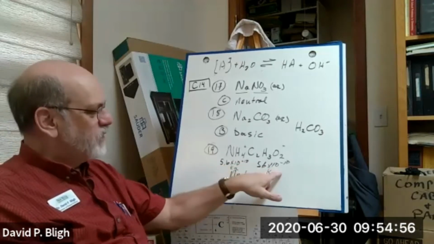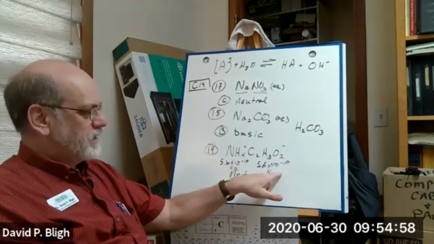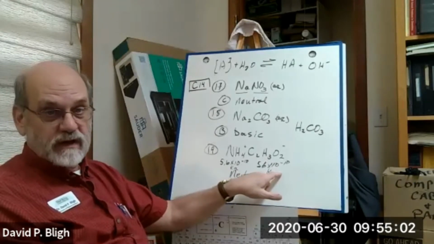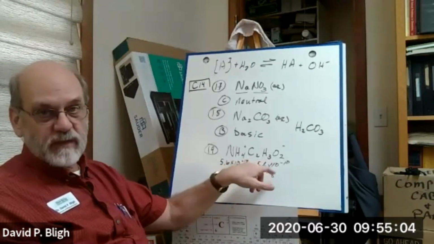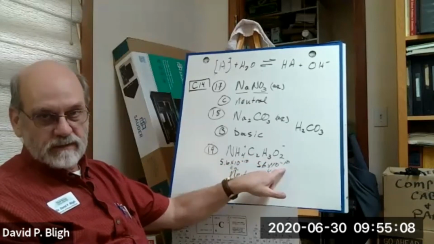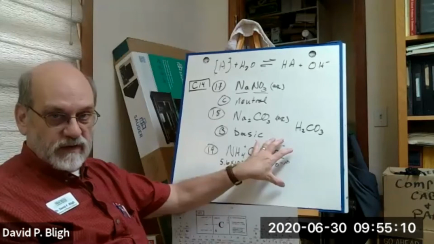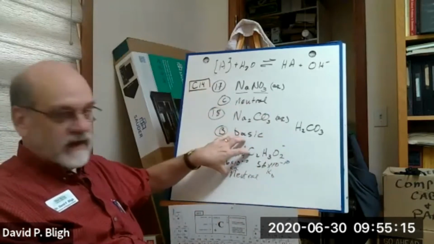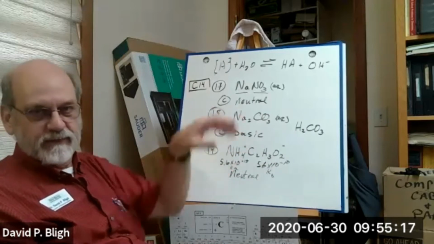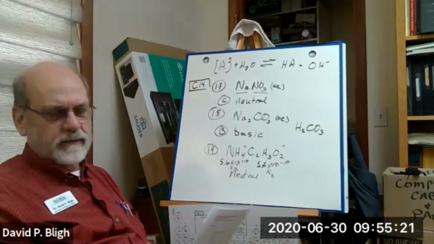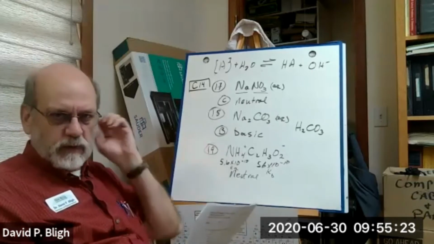Then the Kb would win. It would extract protons from water more strongly than this one could donate them, and we would have a basic solution. The Kb wins. If the Kb wins, it's basic. If the Ka wins, it's acidic. We didn't hammer that one real hard in the lecture, so I wanted to make a point of that one.